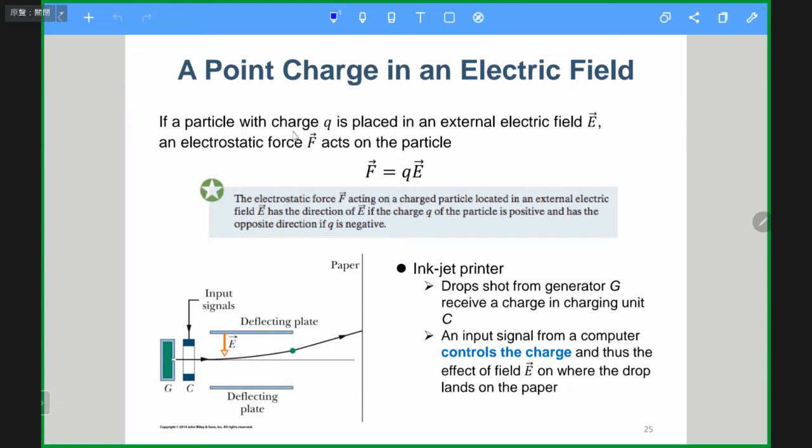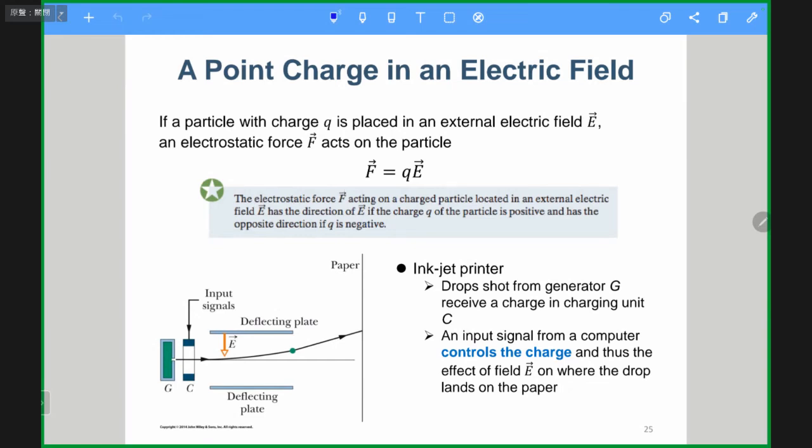Here it says a particle with charge Q is placed in an external E field, and an electrostatic force F acts on the particle. It is nothing special, because at the beginning of this chapter, it already tells you that if you have a charged particle placed in an E field, then there will be a force.